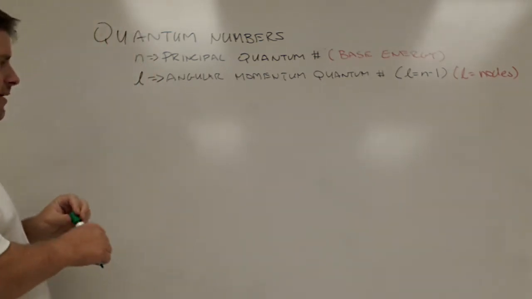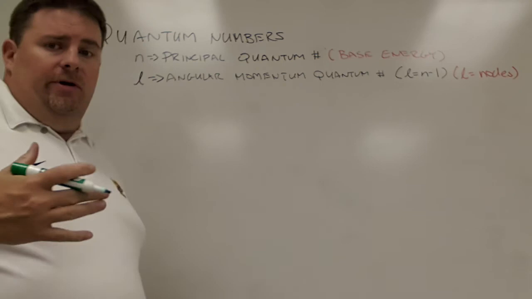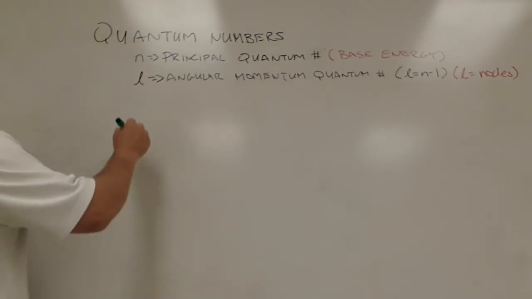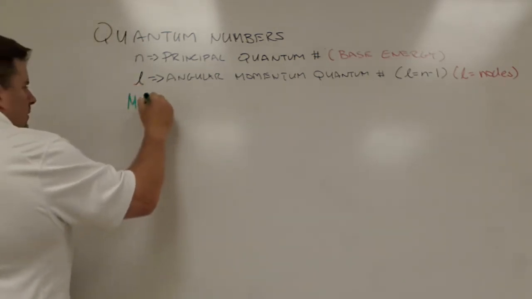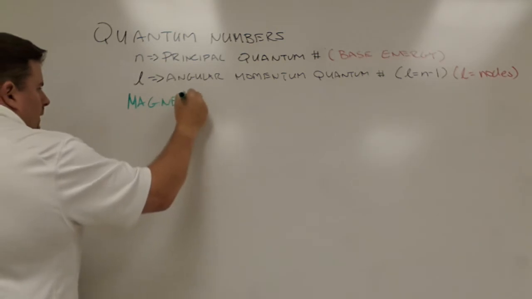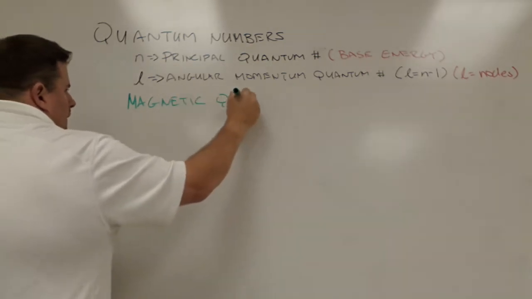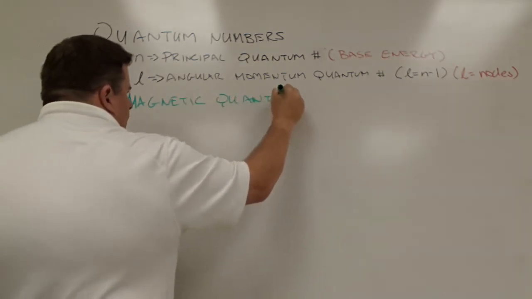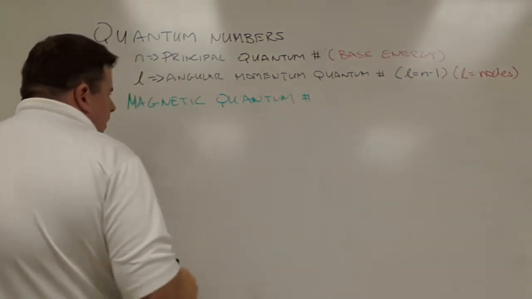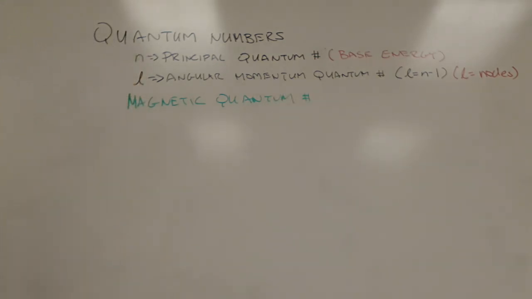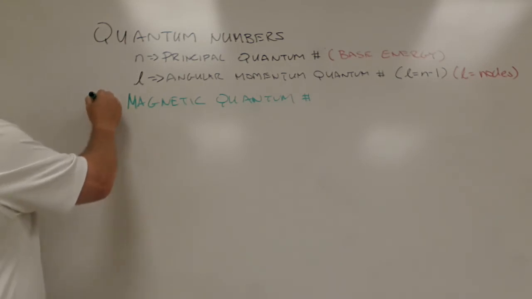The next value that we're going to do for quantum numbers is the magnetic quantum number. It's represented as m.